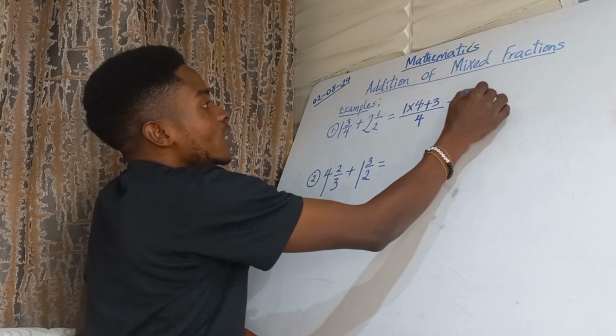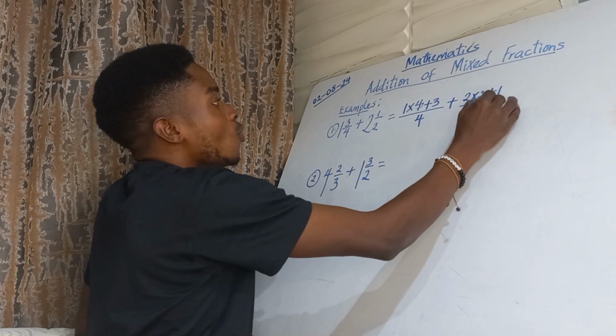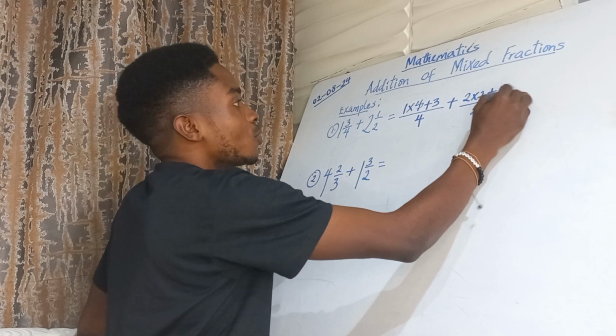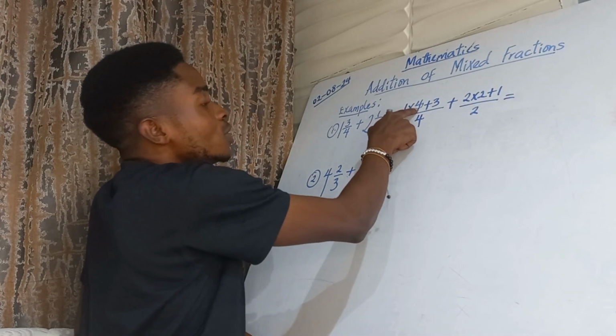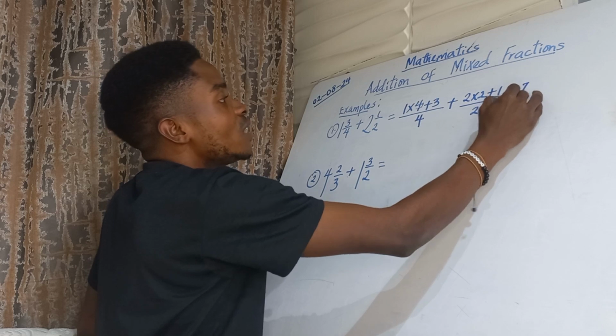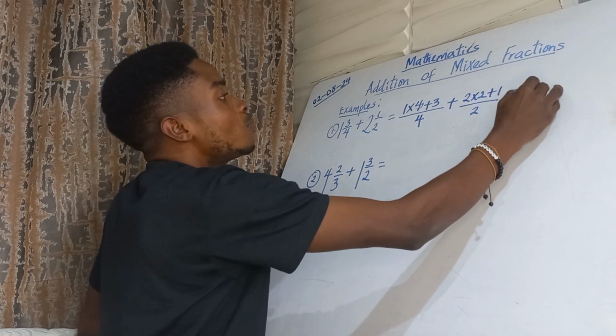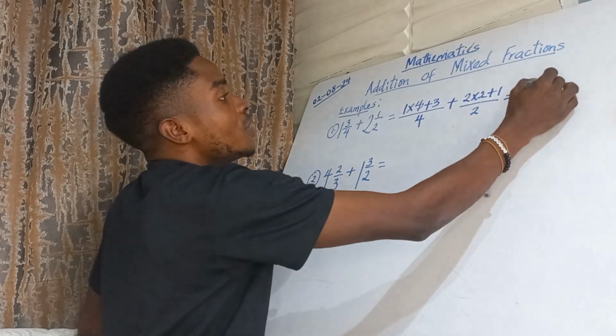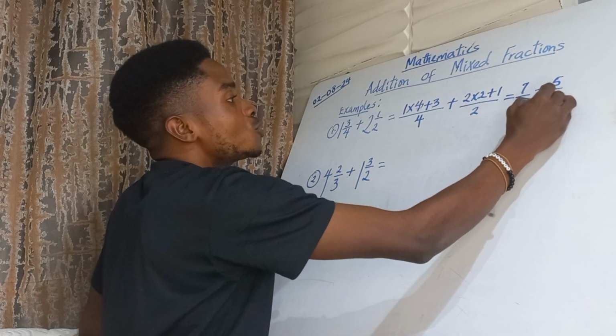Then plus 1 over 2. Are we together? So from there you have 1 times 4, it gives you 4. 4 plus 3, you have 7 over 4, plus 2 times 2, 4 plus 1, 5 over 2.